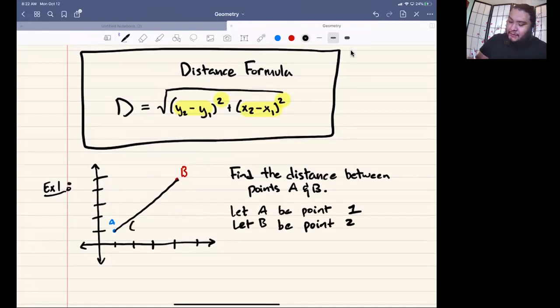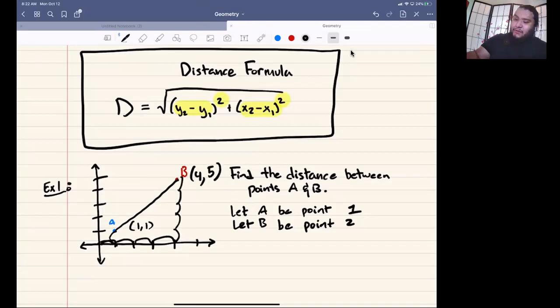A is 1, comma 1. We go 1 to the right, 1 up. And let's look at B. You go 1, 2, 3, 4, so its x value is 4. Its y value is going to be 1, 2, 3, 4, 5.